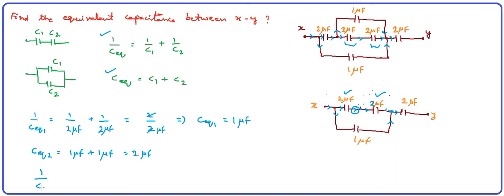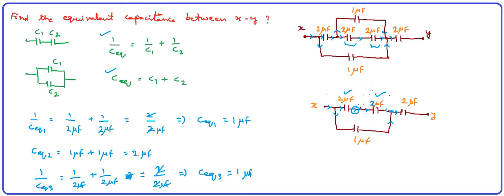Now 1 by C equivalent 3 is equal to 1 by 2 microfarad plus 1 by 2 microfarad, which is equal to 2 by 2 microfarad. So 2 gets cancelled, and C equivalent 3 is equal to 1 microfarad.